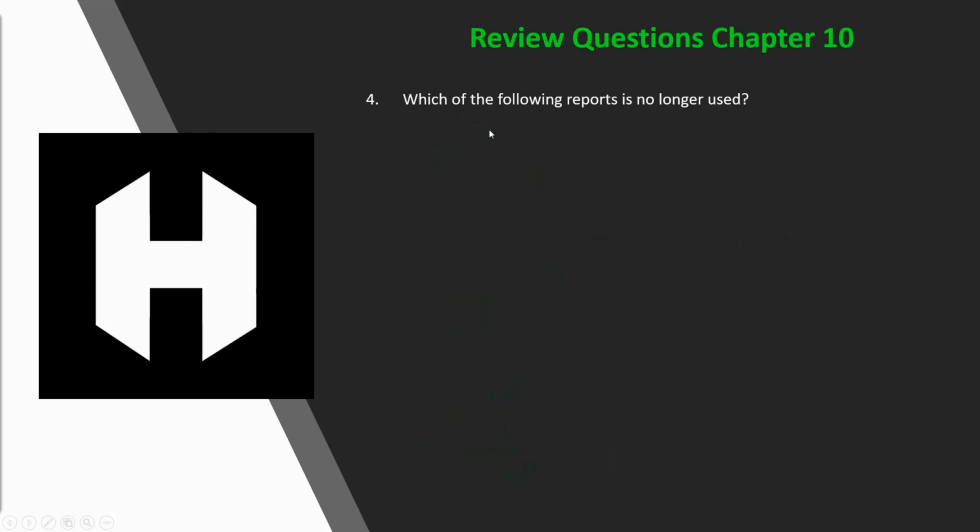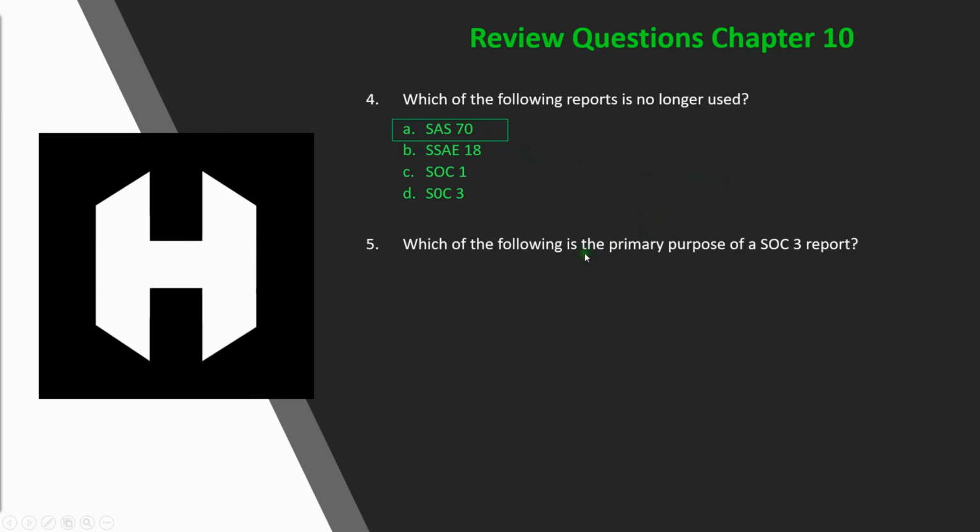Question 4. Which of the following reports is no longer used? A. SAS 70. B. SSAE 18. C. SOC 1. Or D. SOC 3. If you said A, SAS 70, you would be correct. Question 5. Which of the following is the primary purpose of a SOC 3 report? A. For absolute assurances. B. For compliance with PCI DSS.